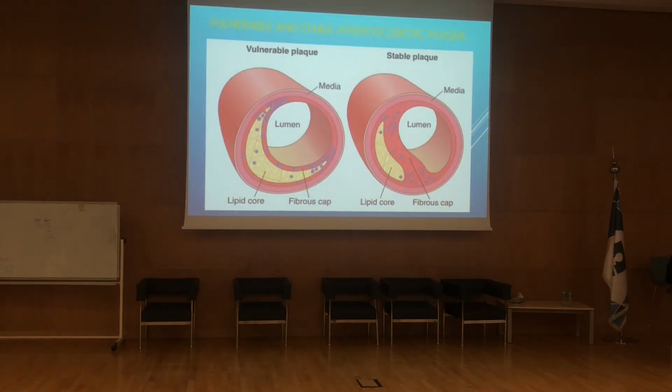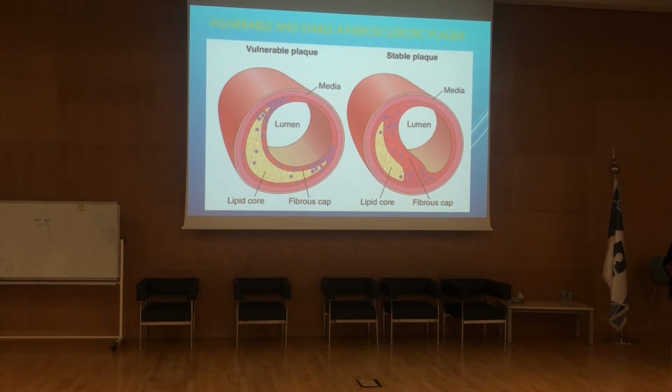Here, it's a very important slide. There are two plaques. One is vulnerable, and the other one is stable. It is vulnerable because it has a very thick fat core, a thin fibrous cap, and a lot of inflammatory cells. You remember these inflammatory cells secrete MMP. What is MMP?